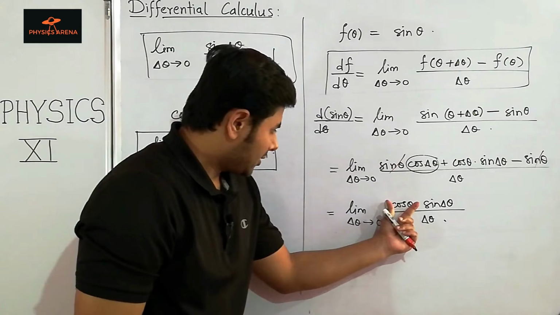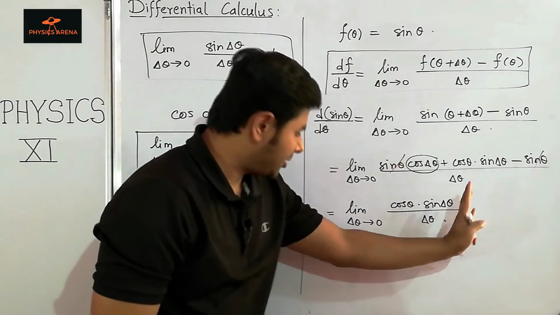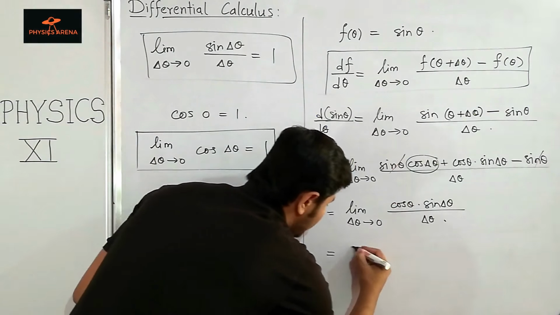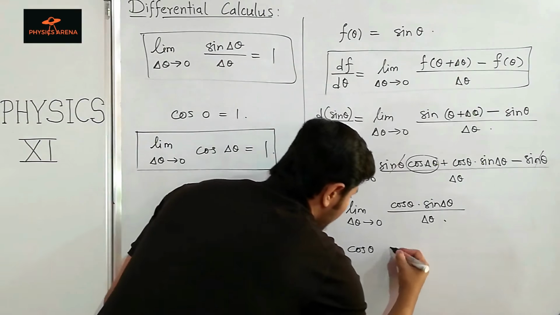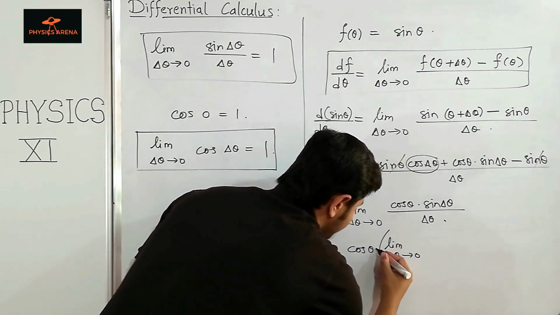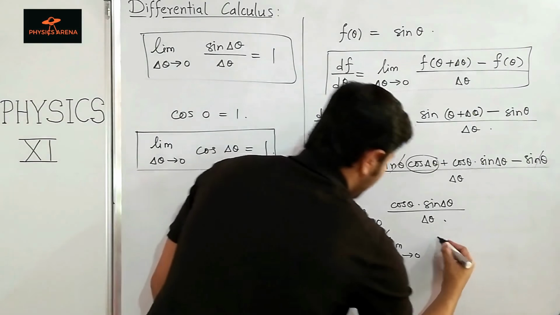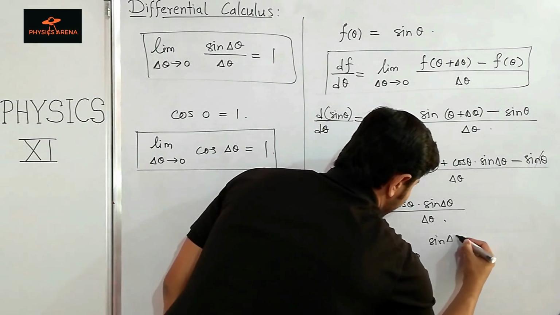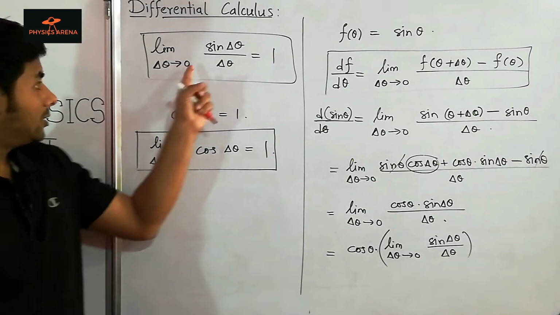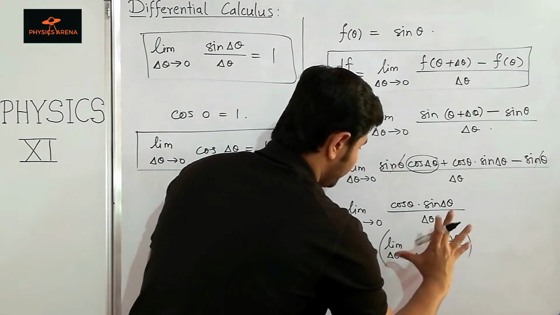Now let's write cos of theta separately, multiplied by the limit delta theta tends to 0 of the other things. So it is cos of theta into limit delta theta tends to 0 of sine of delta theta divided by delta theta, and you can see that this limit is 1, so this thing is 1.